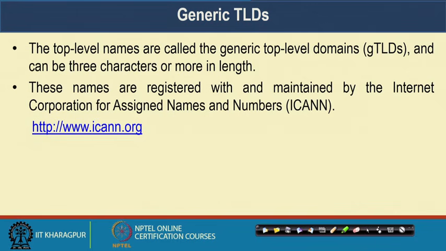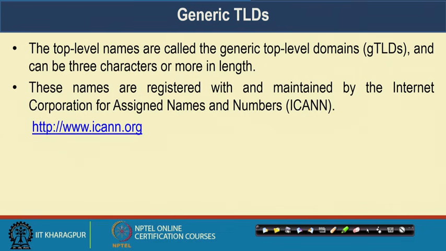So, we have some generic TLDs, as we were discussing, the top level domains. Top level domains are called generic TLDs or gTLDs sometimes, and can be 3 characters or more in length. So, typically the top level domain is 3 characters, or there are ones like arpa, etc., which is 4 characters. These names are registered with and maintained by an authoritative agency, which we call ICANN.